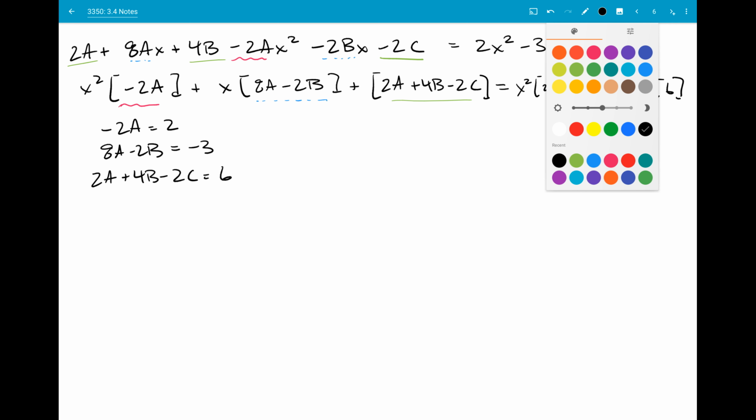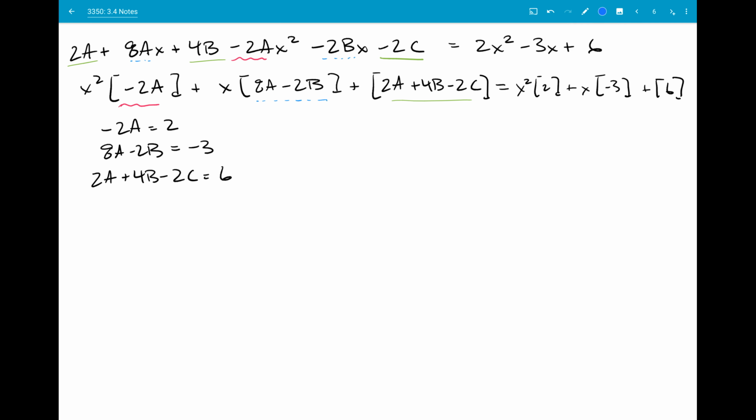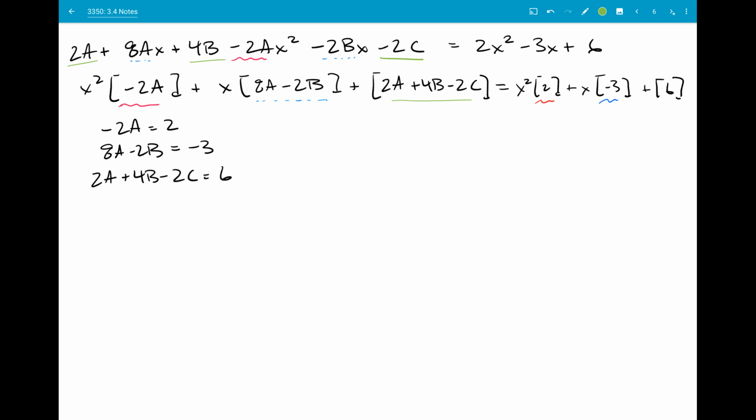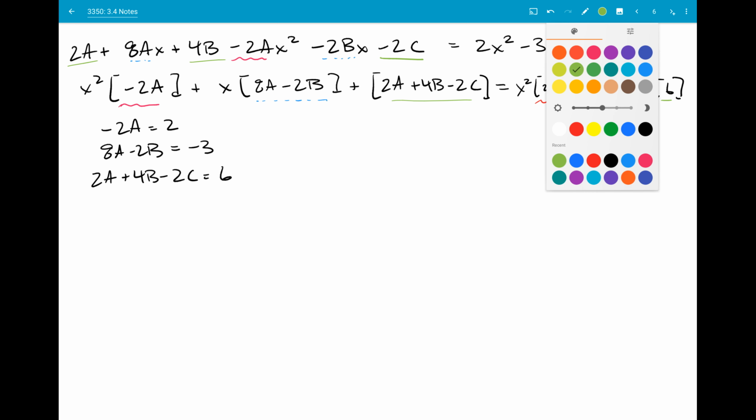Where all I did was I said, my x squared term on the left side was minus 2a. It's 2 on the right. My x term was 8a minus 2b on the left, and that's minus 3 on the right. And my 1 term was 2a plus 4b minus 2c on the left, and it's 6 on the right.